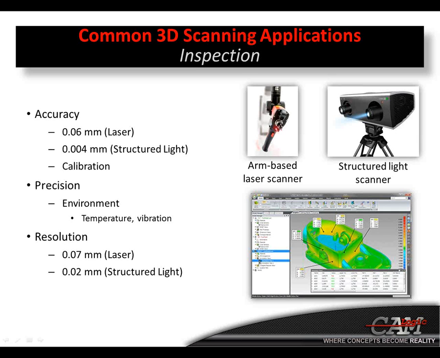So we see here that your typical laser scanner is going to be accurate to about 60 microns, and your structured light is going to be all the way down to 4 microns. So that's a pretty big jump. And at 0.004 millimeters, we're really starting to approach the accuracy of CMMs that are out there.